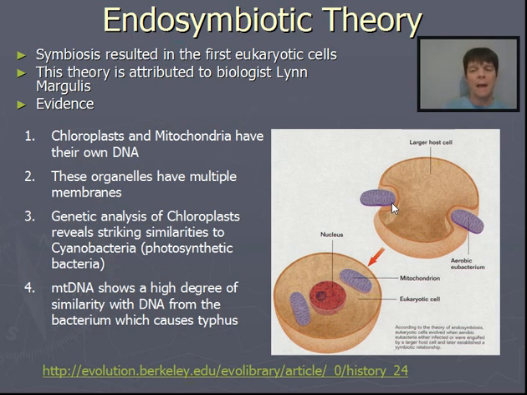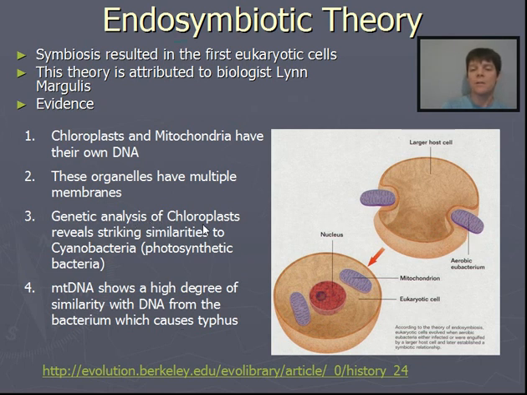Now, some of the evidence of this theory is that chloroplasts and mitochondria actually have their own DNA, and the DNA that they have is really, really similar to DNA that's found in bacteria species that are still living on our planet today. Both chloroplasts and mitochondria are organelles that have multiple membranes, and we can understand that multiple membranes might arise by a smaller cell being engulfed by a larger cell.